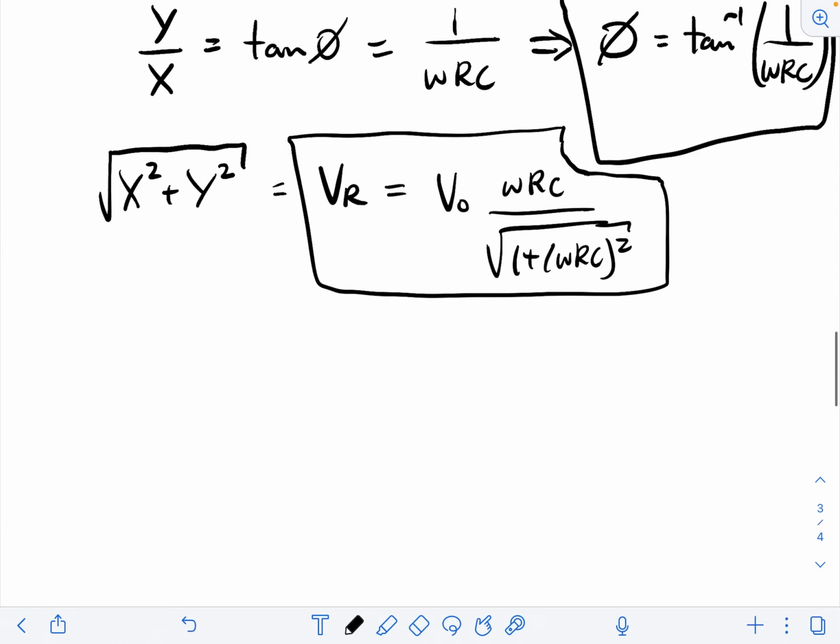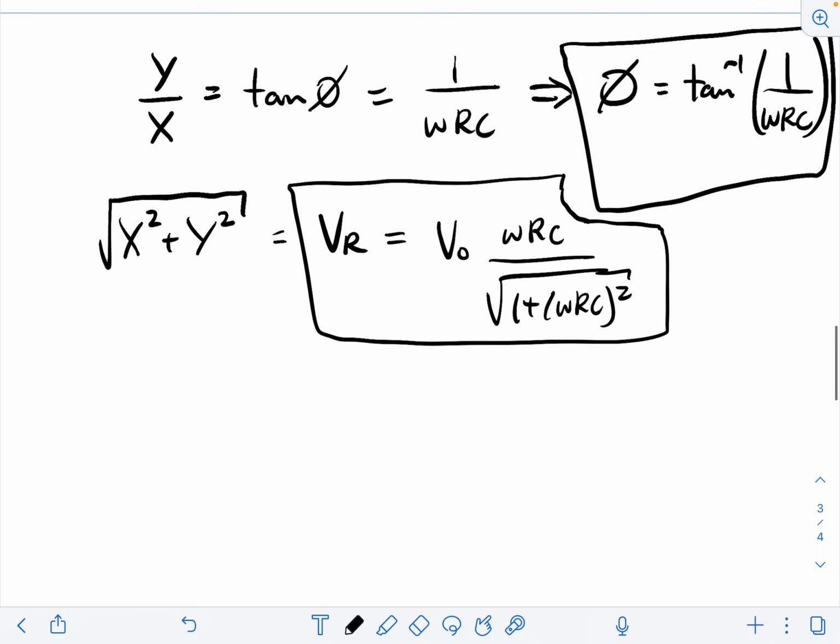So let's look at the phase again. Let's think about the phase and try to interpret what a complex quantity really indicates. So tan phi equals y over x.